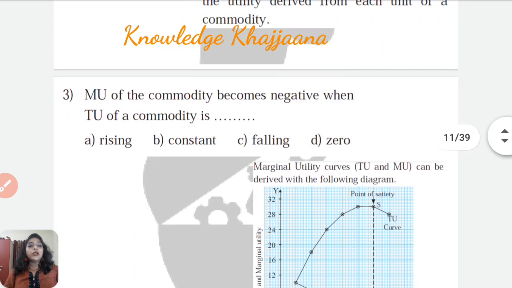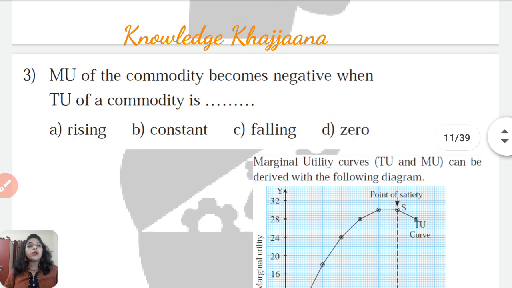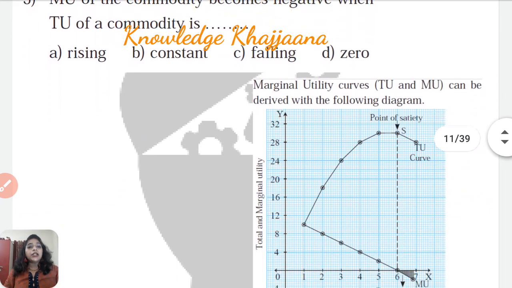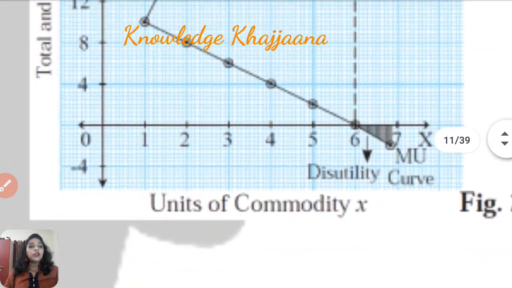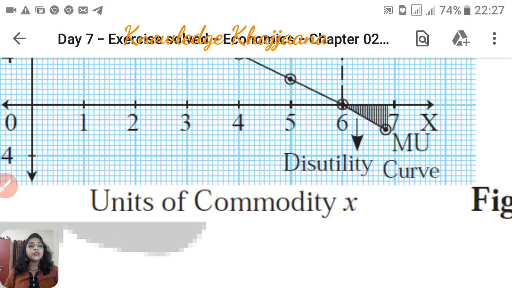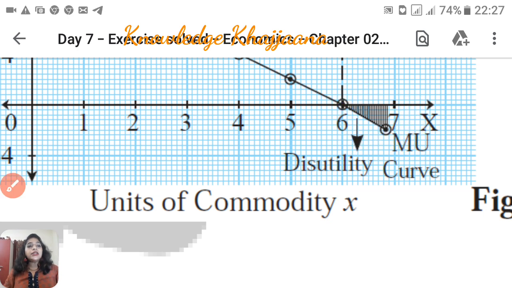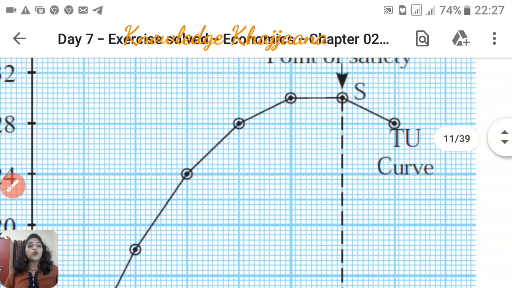Marginal utility of a commodity becomes negative when total utility of a commodity is. Now look at the question properly. When marginal utility of the commodity becomes negative, see this graph of marginal utility. In this part it is becoming negative, and what is happening with the total utility?